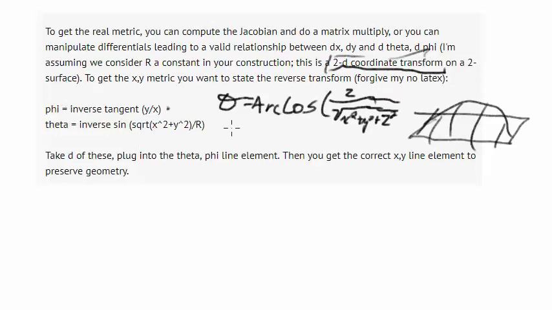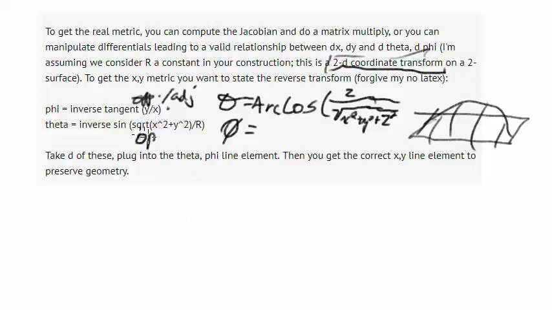And phi is, okay, yeah, so this is opposite over adjacent. So that's correct. Square root of x squared of this would be opposite, and this is opposite over hypotenuse.